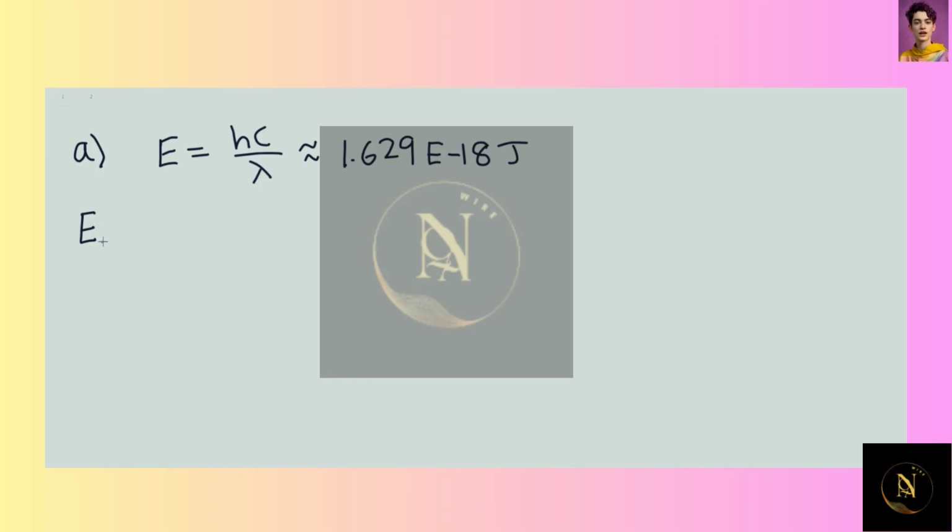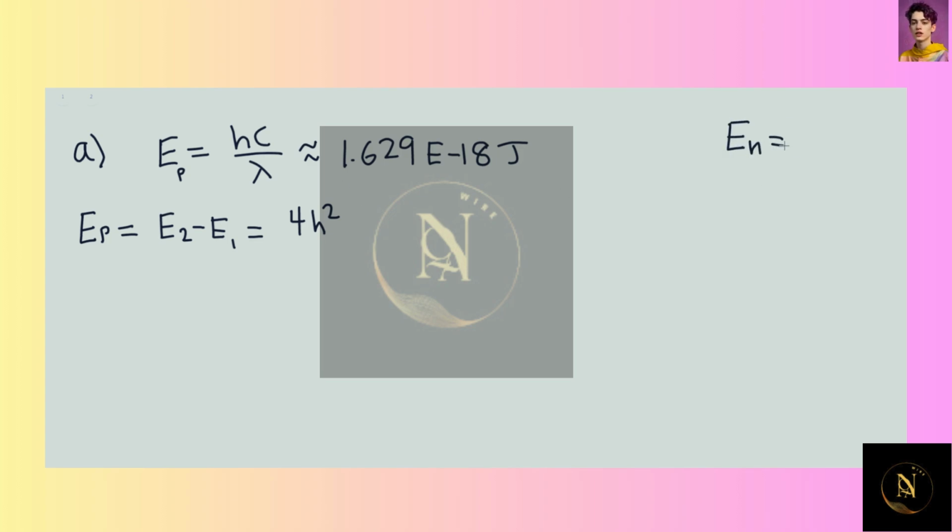Set that photon energy equal to the difference between E2 and E1, because we were bumped from the ground state to this first excited state. Oh, one correction.